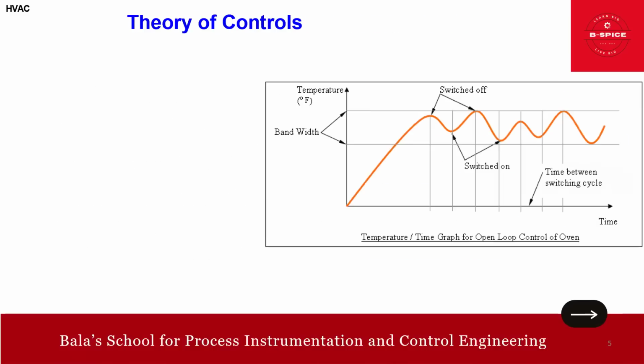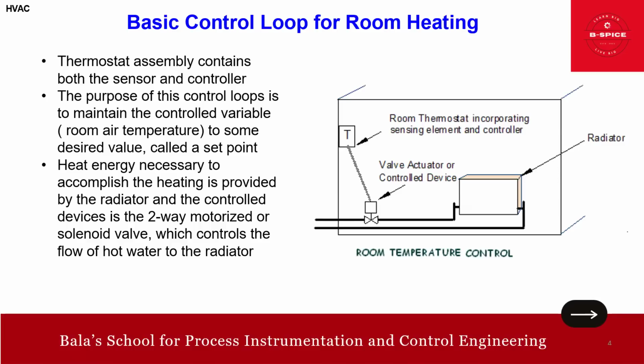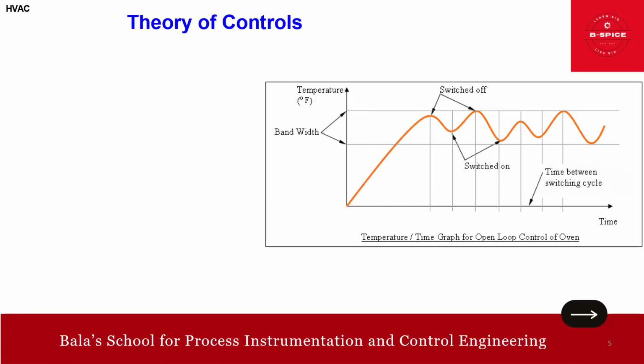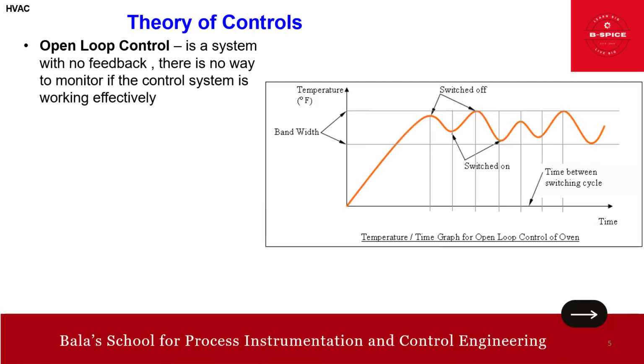I just explained how the thermostat is functioning, the basic control loop for room heating. So now we'll talk about the theory of controls here. One is, of course, the open loop system, which is a system with no feedback. There is no way to monitor whether the control system is working effectively.